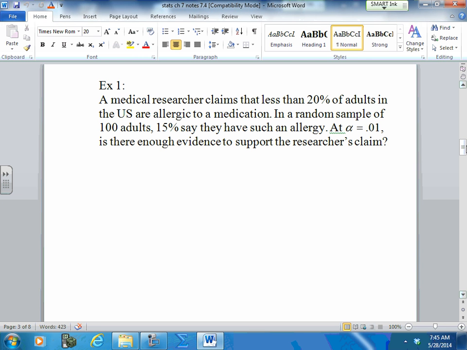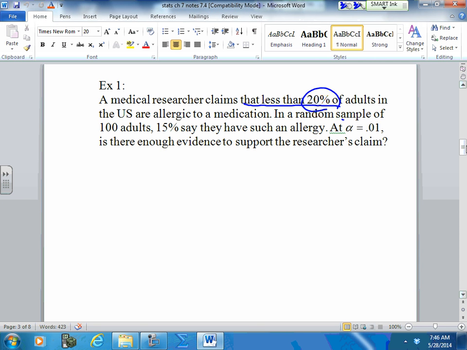Alright, so let's try one. We'll walk this one through. If you look at page 375, it says, a medical researcher claims that less than 20%, 20% is a percent, but we build it into a proportion, of adults in the U.S. are allergic to a medication.